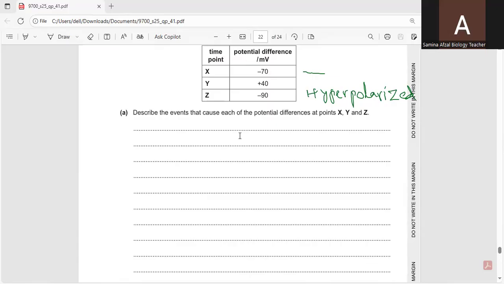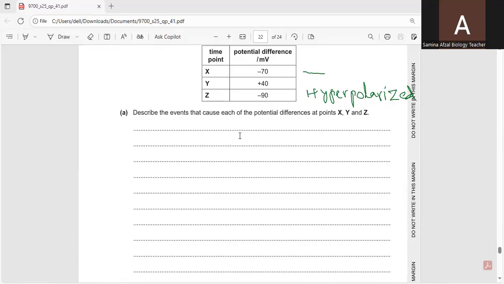The inside of the axon becomes excessively negative, and as a result, the potassium channels finally close, and the sodium potassium pump along with the potassium leak quickly restores the membrane to the resting potential of minus 70.